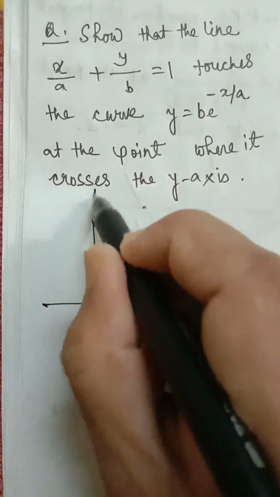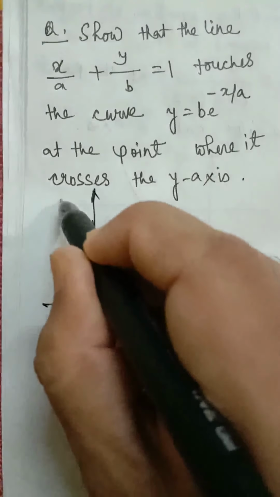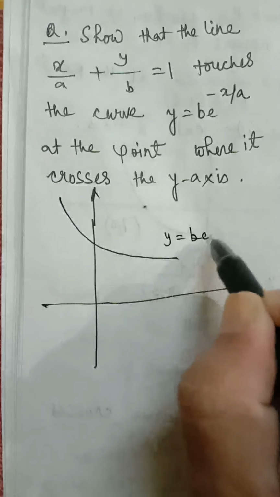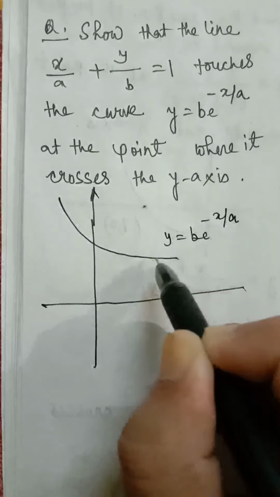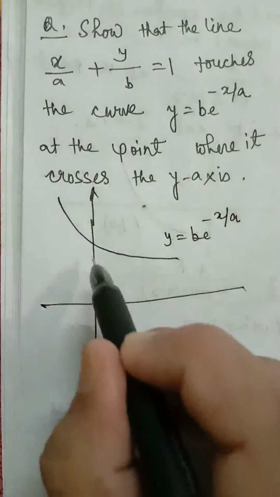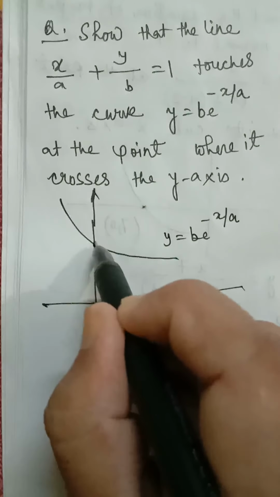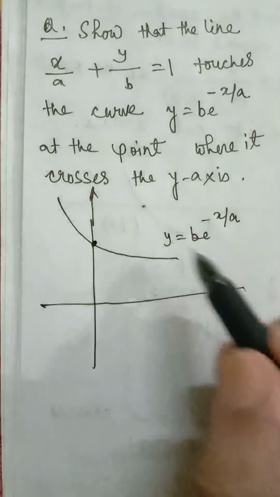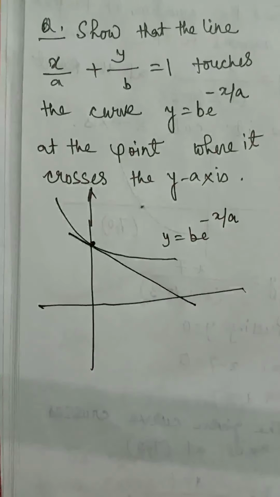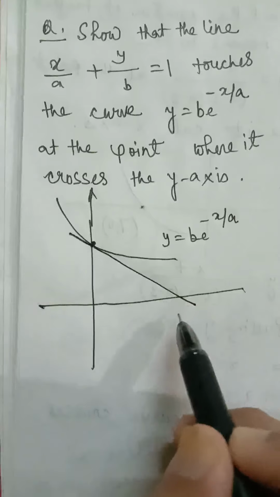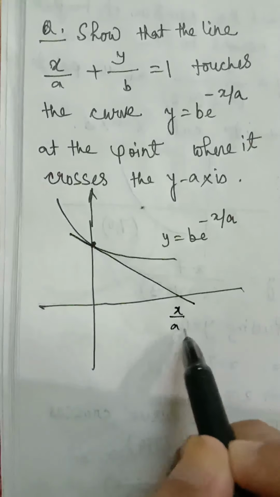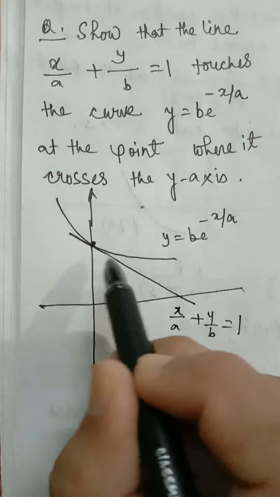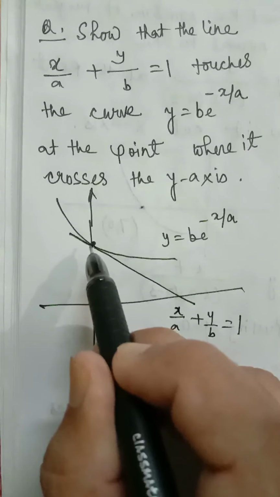Suppose this is the curve y equal to b into e to the power minus x by a. Suppose this is the given curve. Now this is the point where the curve crosses the y-axis, and what we have to prove is that the line x by a plus y by b equal to 1 touches it at this point.